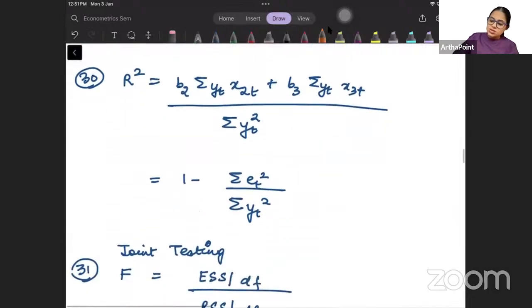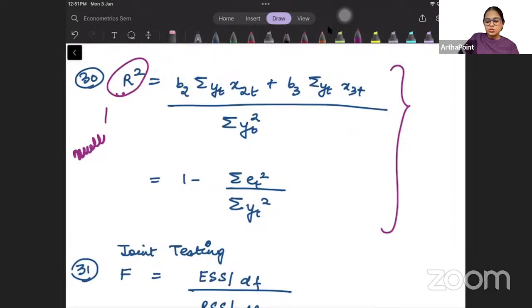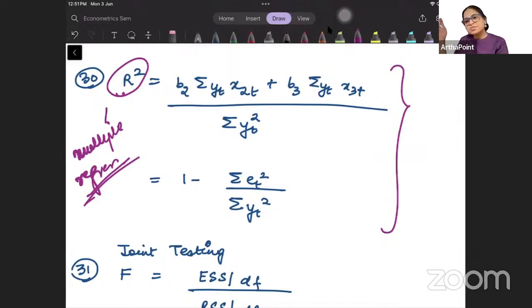Okay. Now this is the formula of R square for multiple regression. So R square tells us the joint contribution of all x's explaining the variation in y. सारे x's मिलके y को कितना explain कर पाते हैं, that is given by R square. And R square is again nothing but ESS by TSS.